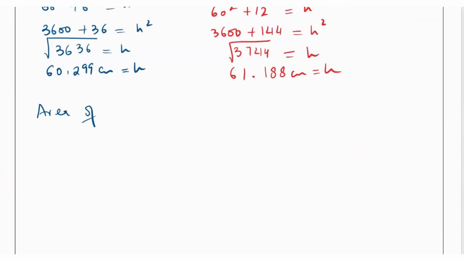So now for the surface area of base, which was x times 2x, so 12 times 24, which equals 288 centimeters squared.